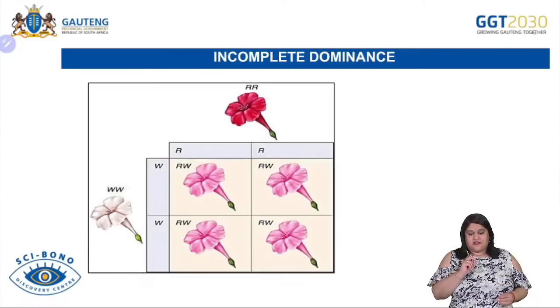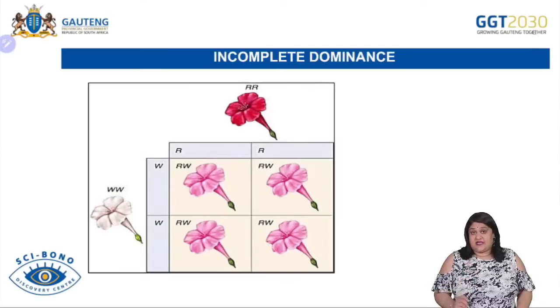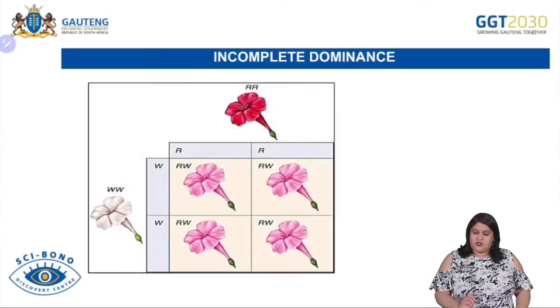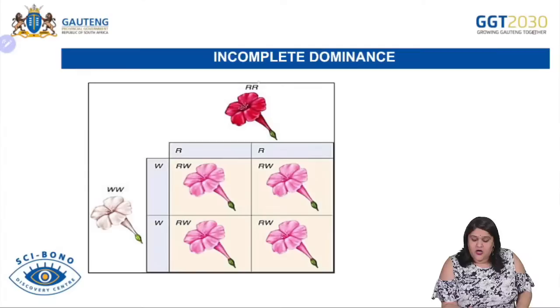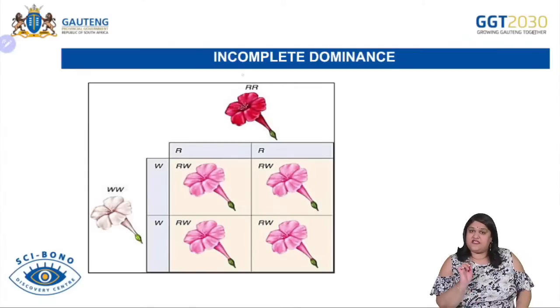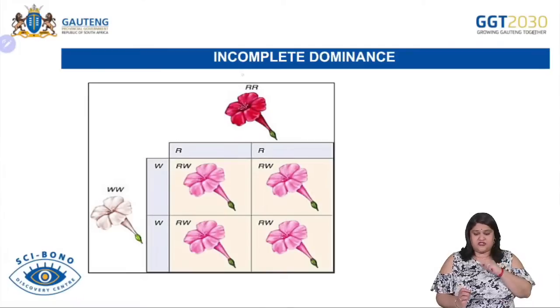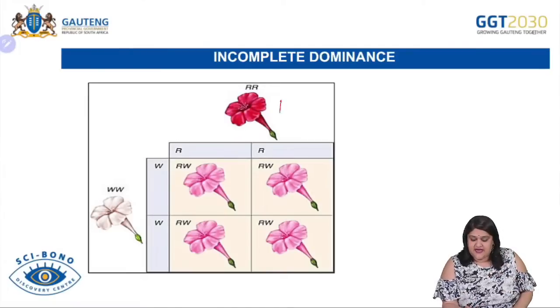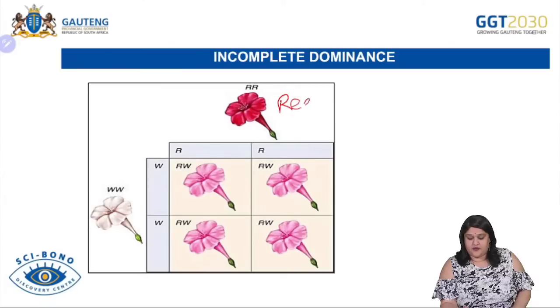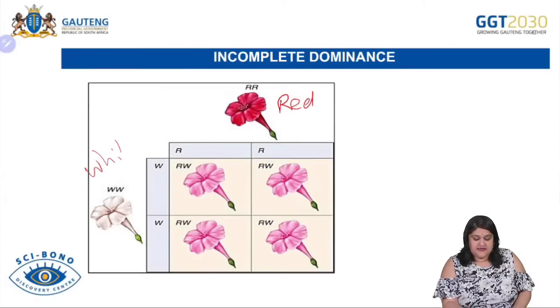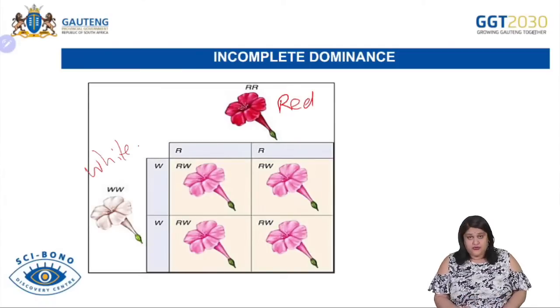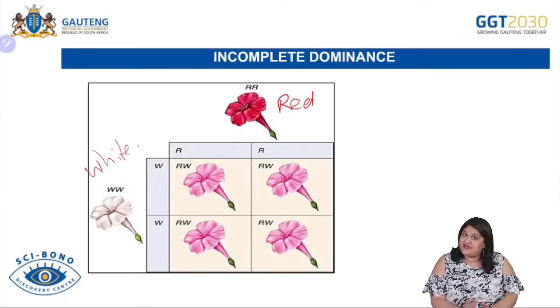Another important thing for us to remember here is the letters that are being used. When it comes to incomplete dominance, we are using different letters for different color traits. So in this instance, the red is capital R, and then the white is capital W, and we only use capital letters. Can you see we're using two different letters?